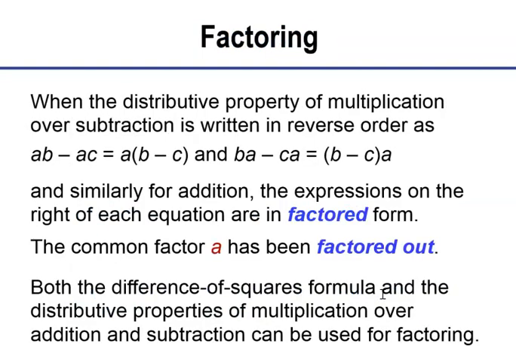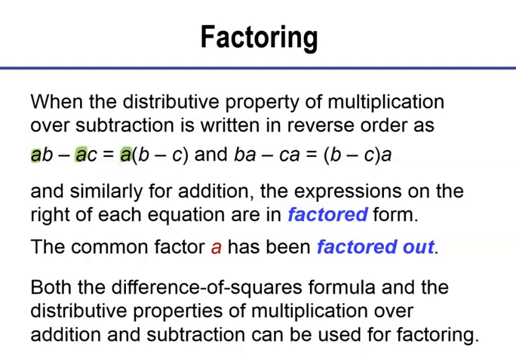When the distributive property of multiplication over subtraction is written in reverse order, it is AB minus AC, and then notice the common A is pulled out front. So that A and that A is pulled out front right there.